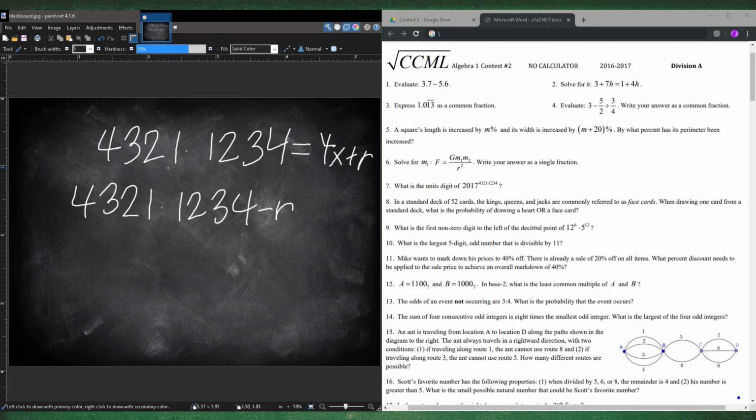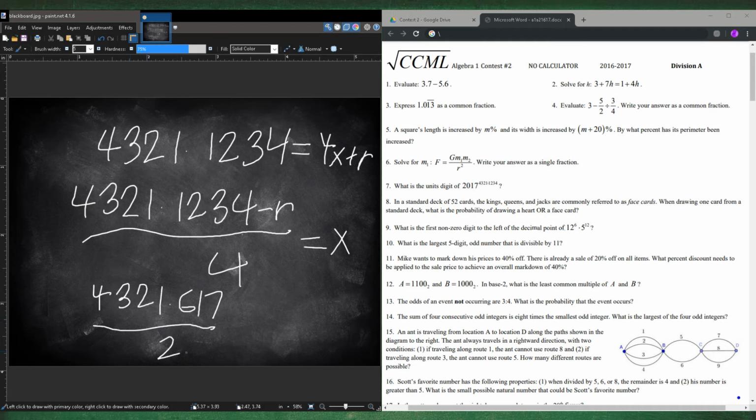You want x to be an integer, and the remainder is only 0, 1, 2, or 3. So that equals x. So as I said before, 4,321 times 7,046 divided by 2 minus r over 4 is equal to x.